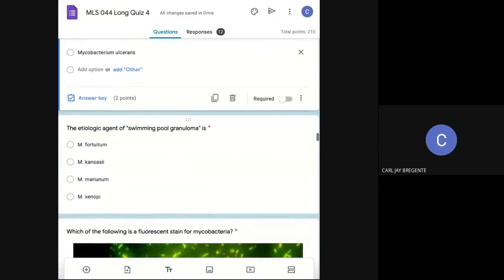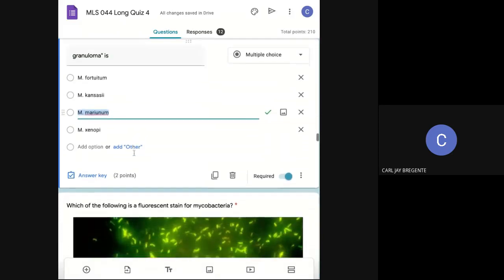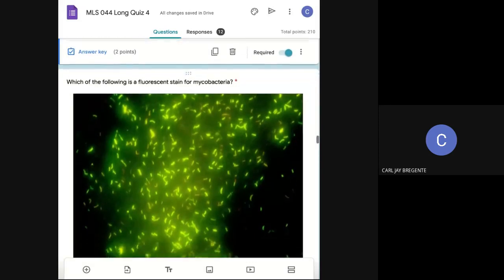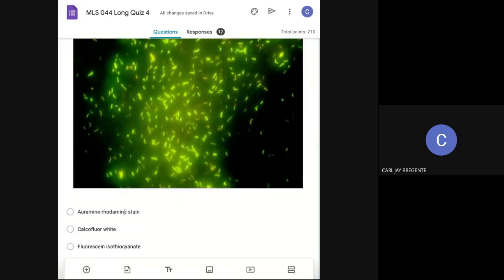Next, the etiologic agent of swimming pool granuloma, that is Mycobacterium marinum. So from the name itself, swimming pool, so water-associated mycobacterium. So that's Mycobacterium marinum. Which of the following is a fluorescent stain for mycobacteria? So fluorescent stain for mycobacterium, that is auramine rhodamine staining.